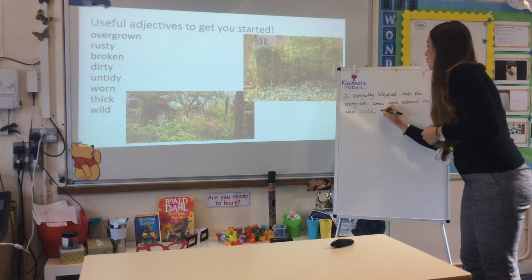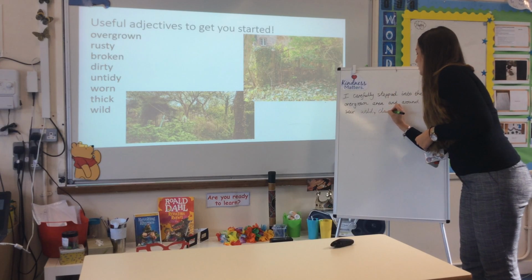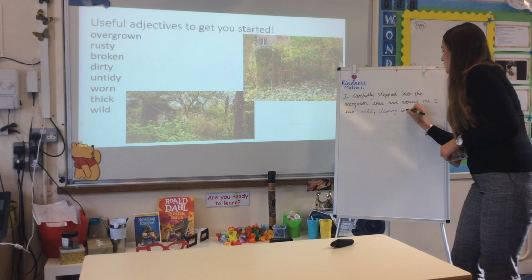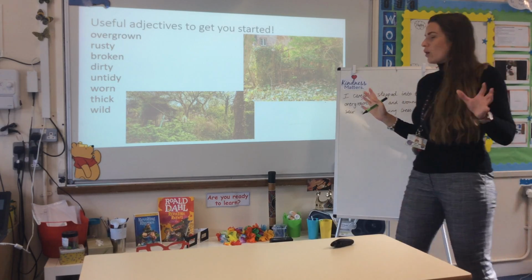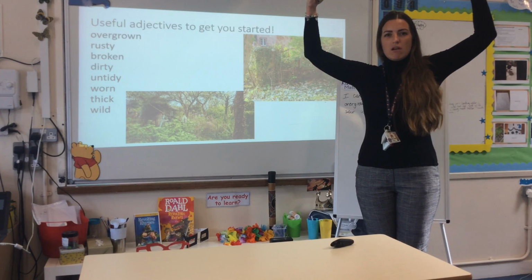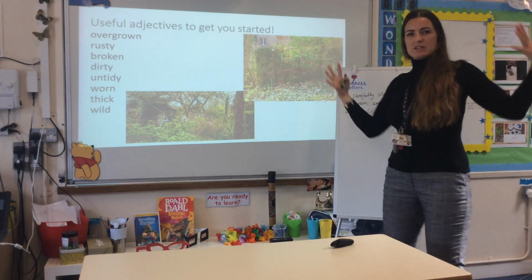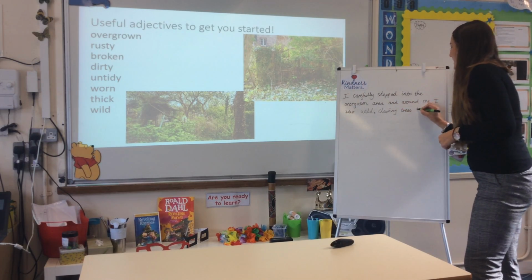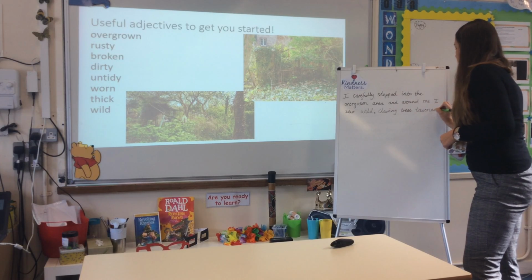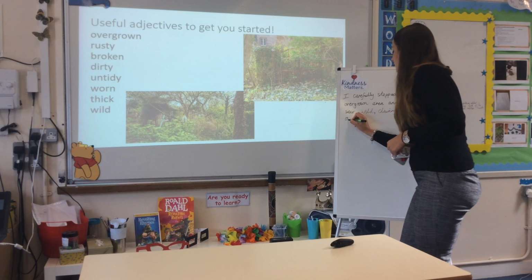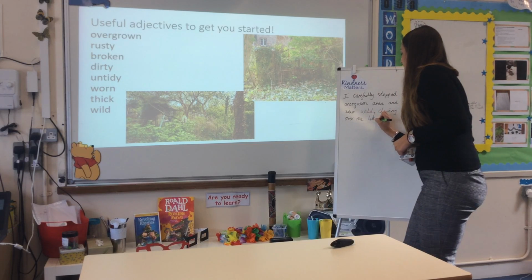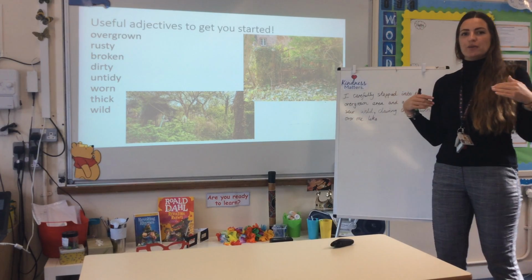Wild, clawing trees. And if they're quite tall, what might they look like they're doing over me? The trees are really tall. I'm actually going to use, and I saw wild, clawing trees towering, a bit of alliteration as well there, towering over me, like, and I'm going to use a simile here. What might tower over you?